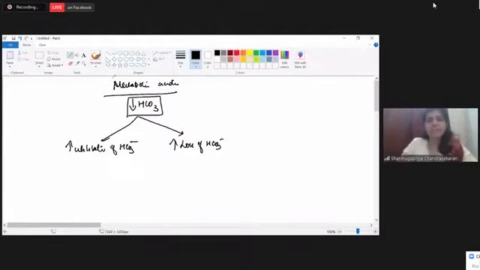Fine. So we have discussed what is metabolic acidosis. I said metabolic acidosis is a decrease in bicarbonate. What are the causes of decrease in bicarbonate? One is increase in the utilization of bicarbonate, the other is increase in the loss of bicarbonate. So when will there be increase in the utilization of bicarbonate? Whenever an abnormal acid gets generated in your body.